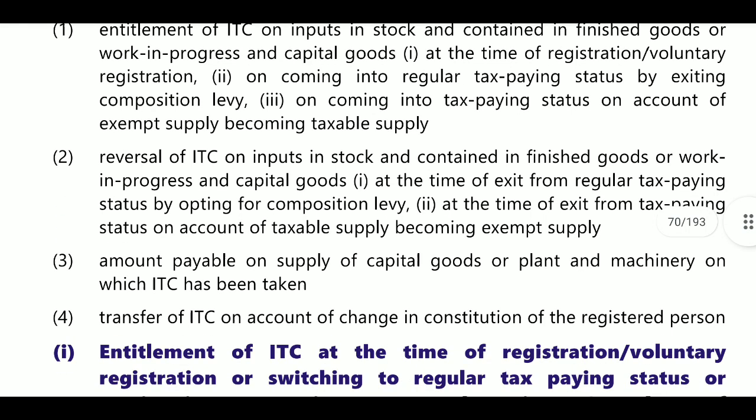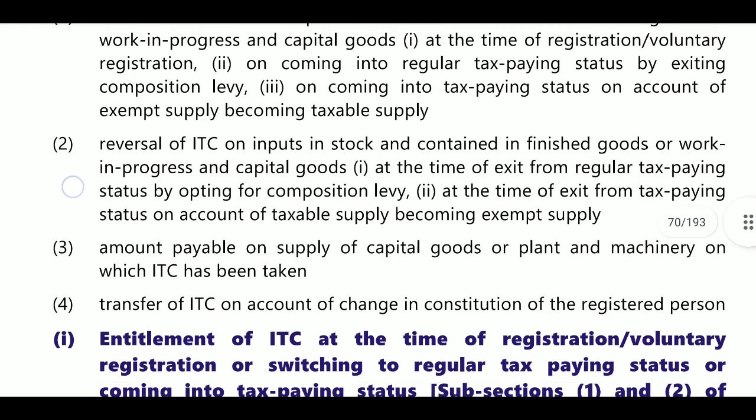Or reversal of ITC on inputs in stock and contained in semi-finished goods, work in progress, and capital goods, at the time of exit from regular tax paying status by opting for composition levy. The person who is already registered is switching from composition levy to the regular scheme, and that person has some input tax credits related to semi-finished goods, finished goods and capital goods.